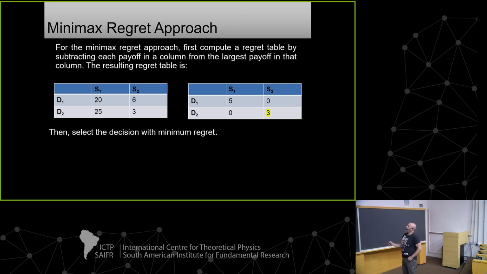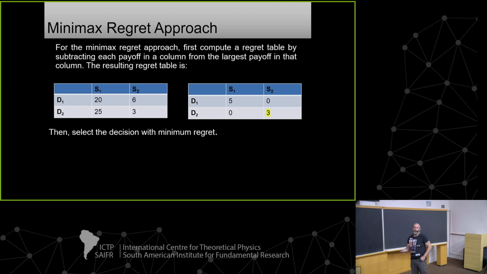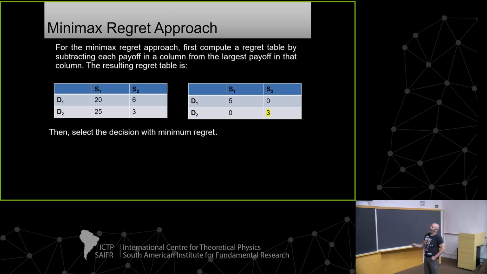So this is somehow a measure of what I will be losing because I have made a bad decision. This is the regret. So if I choose this one, and the state S1 is the one that is happening, and I choose D2, my regret will be 0 because I have chosen the best decision.